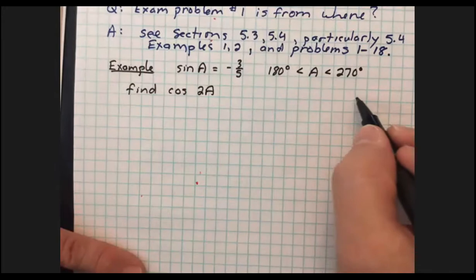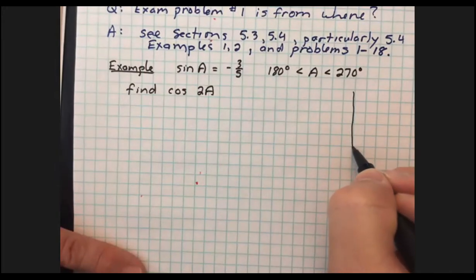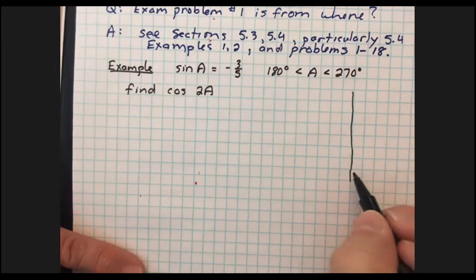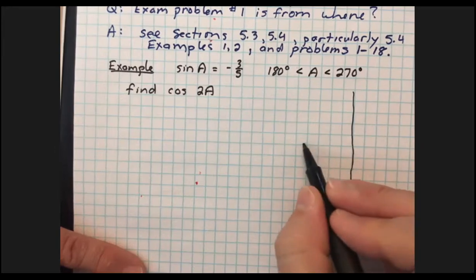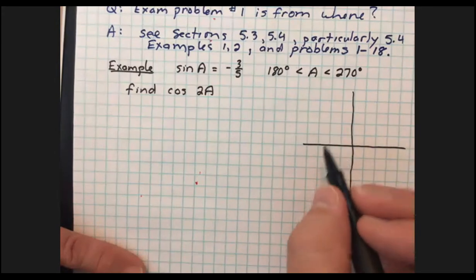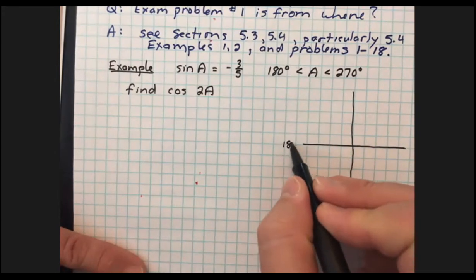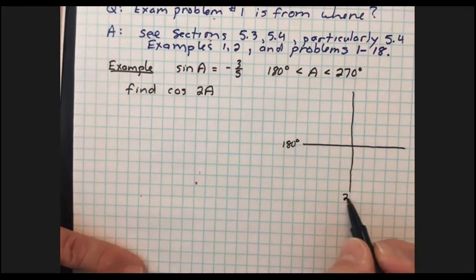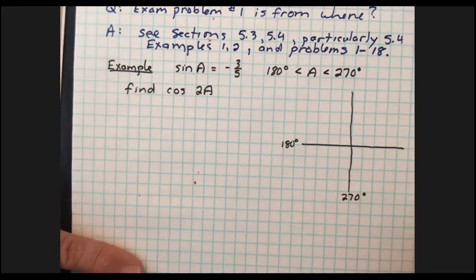Okay, I'm about to do that. I always like to draw a picture of the angle first. They're working in degrees, but be comfortable in degrees or radians, of course. This question was asked in degrees, between 180 and 270.